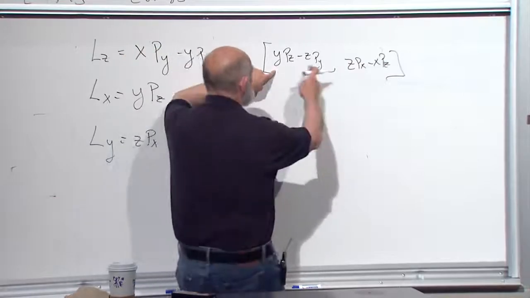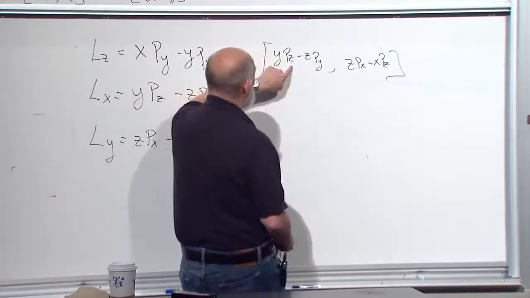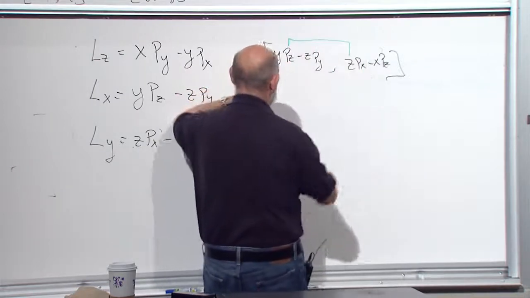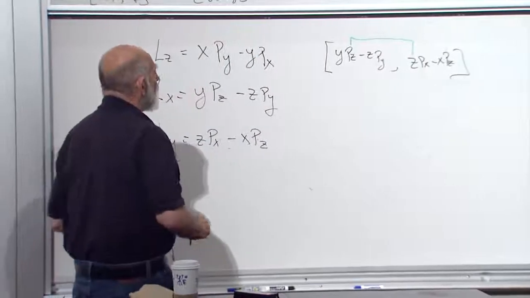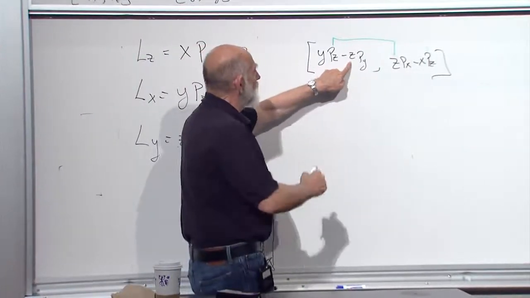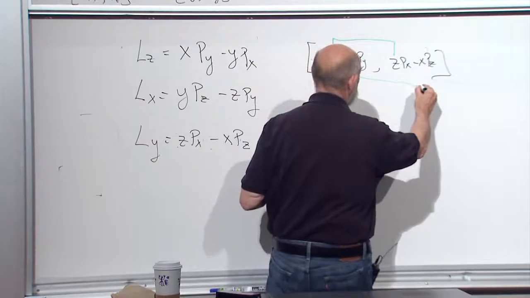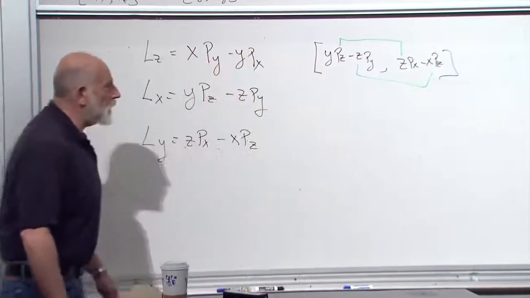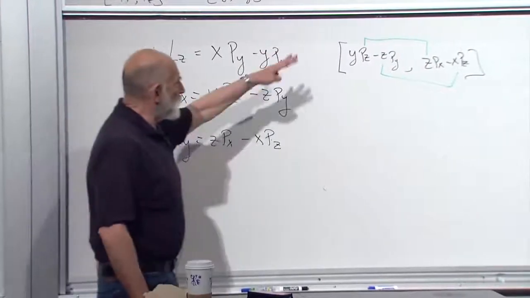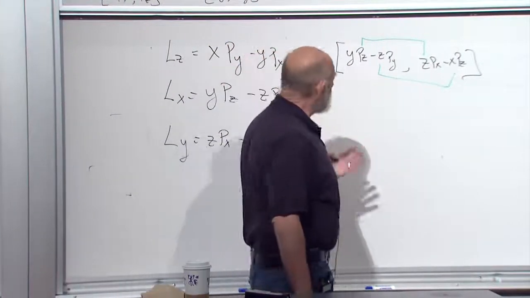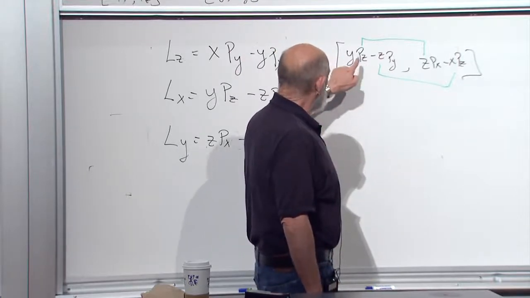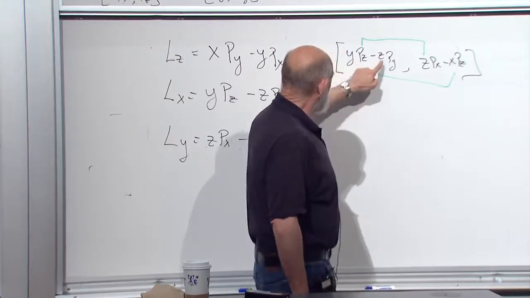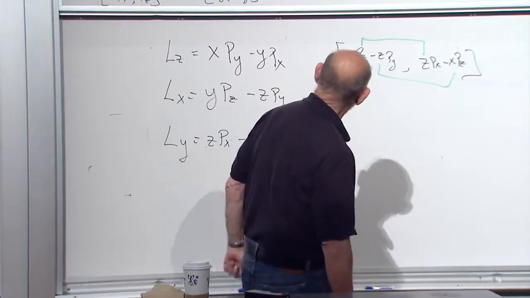Well, y commutes with z, y commutes with px, and so forth, but pz does not commute with z. So there are two things which don't commute. Those are the only combinations, if we expand this out, which don't commute.